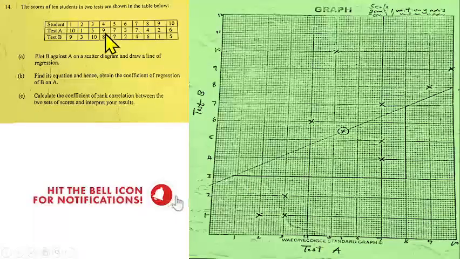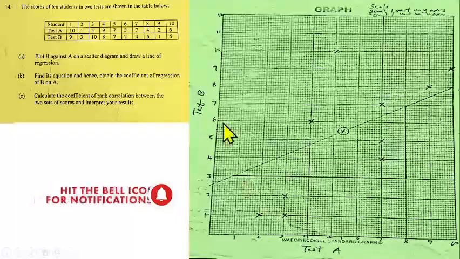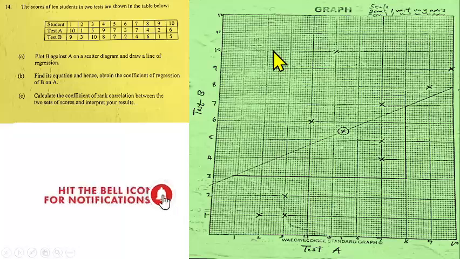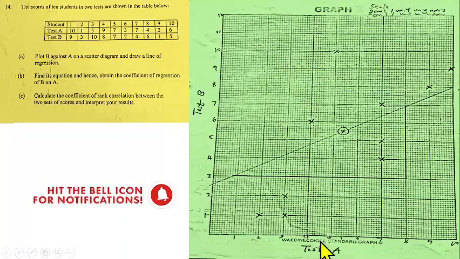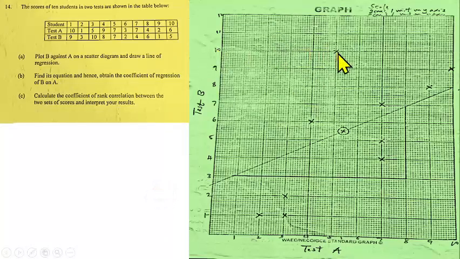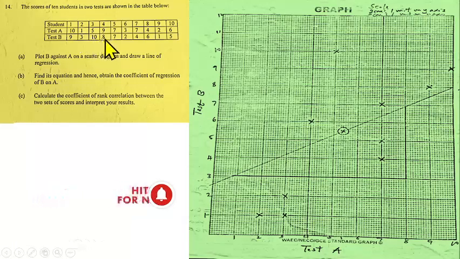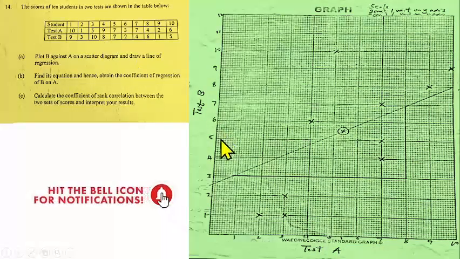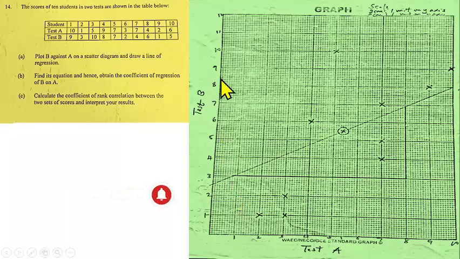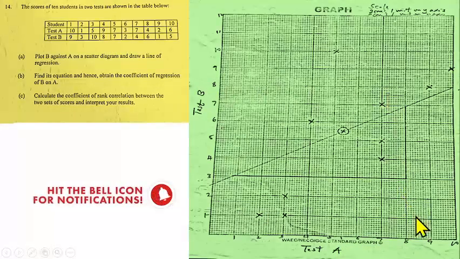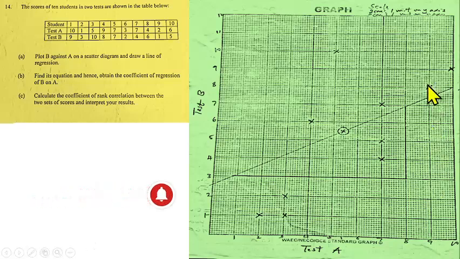The next one is B is 10, A is 5. A is 5 here, B is 10 here, so a point is here. Also, B is 8, then A is 9. B is 8 here, A is 9 here, so they meet here.